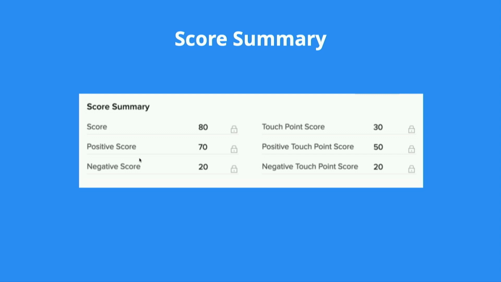Before I jump into the demo, I just want to make sure everyone understands how this works. When you set up scoring rules, a scoring section will be added to the records in your system. Right off the bat, it's kind of hard to know what these different scores are talking about. On the right side, touch point scores are everything outside of the fields inside the record itself.